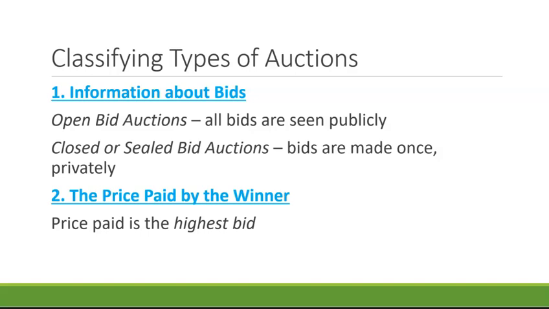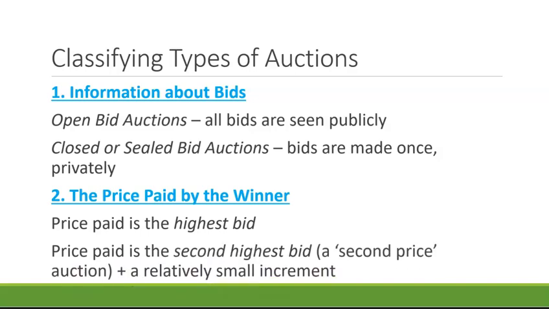There are auctions which are called second price auctions. That is, auctions in which the price that the winner pays is essentially the second highest bid, usually increased by some small amount. We'll see some examples.